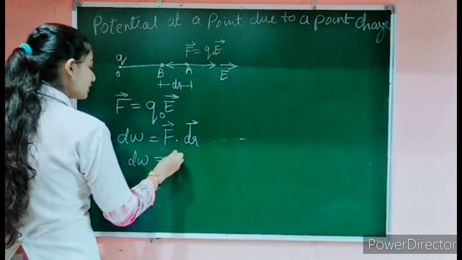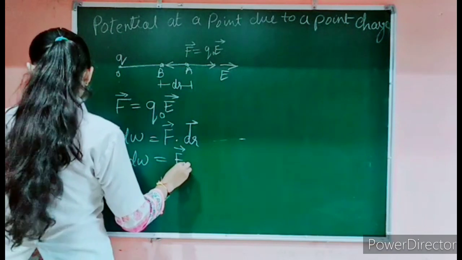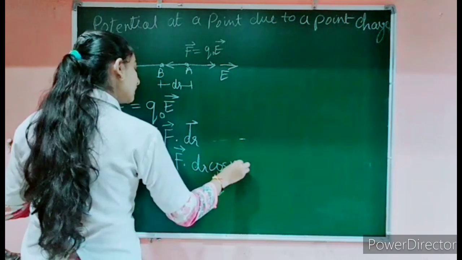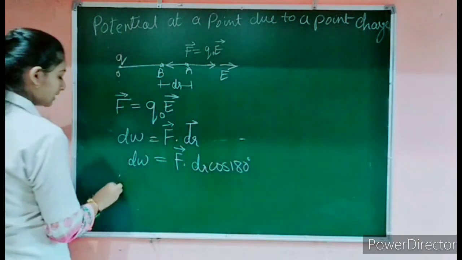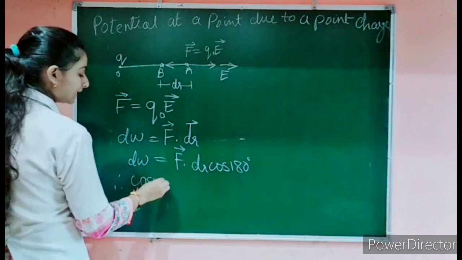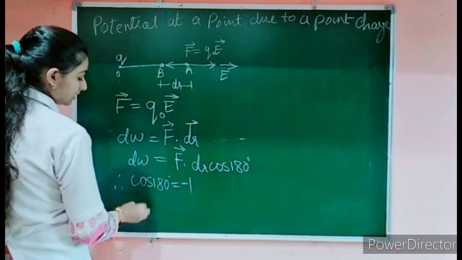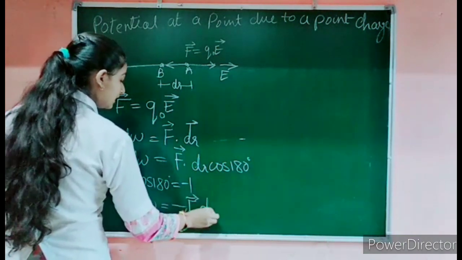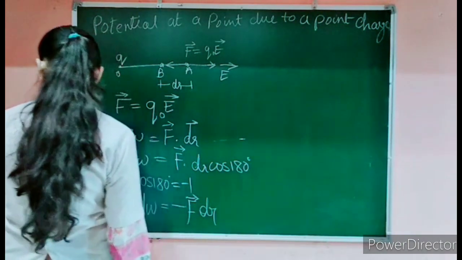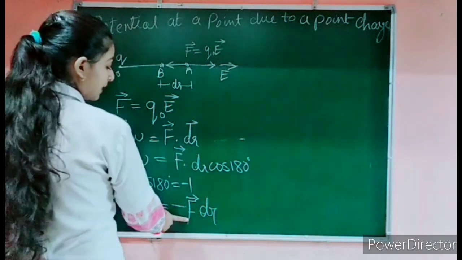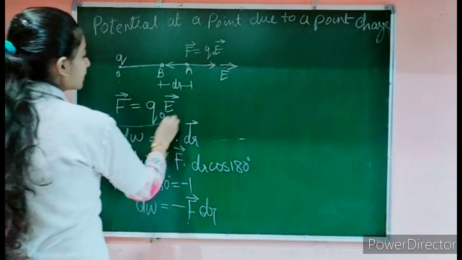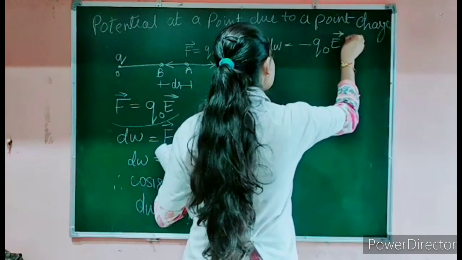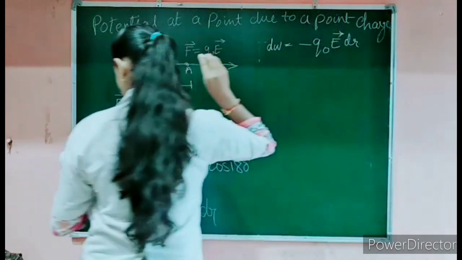Then dW is equal to F dr cos 180 degrees, and cos 180 degrees will be minus 1. Then dW is equal to minus F dr, and in place of F we can write Q0 E. Then Q0 E into dr.